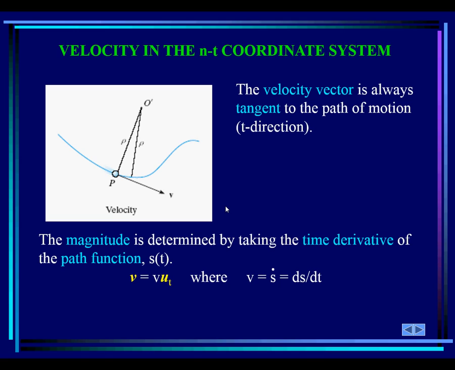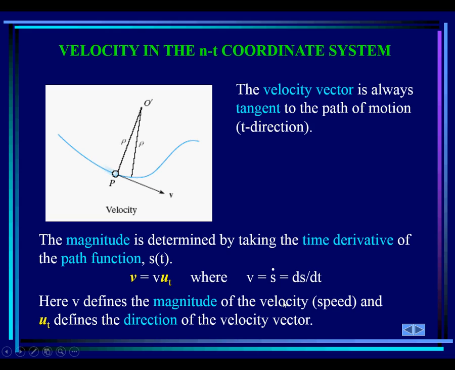The velocity vector is always tangent to the path of motion, and the magnitude is determined by taking the time derivative of the path function. So you have that v is v times u_t, where v is s dot or ds/dt. So v defines the magnitude of the velocity, the speed, and you define the direction of the velocity vector.